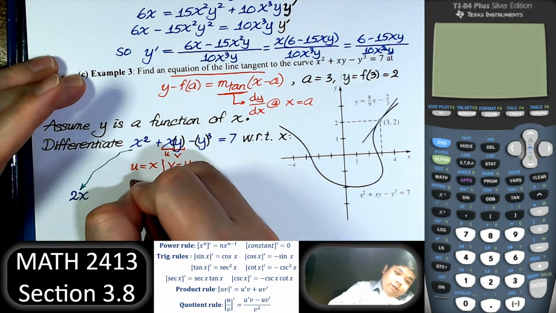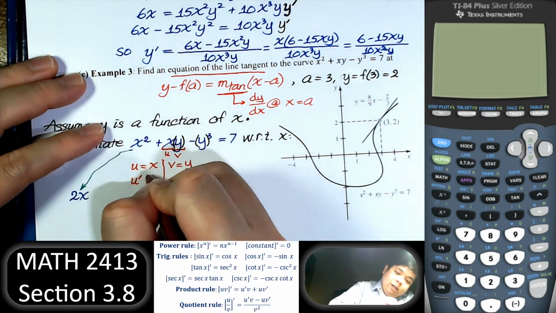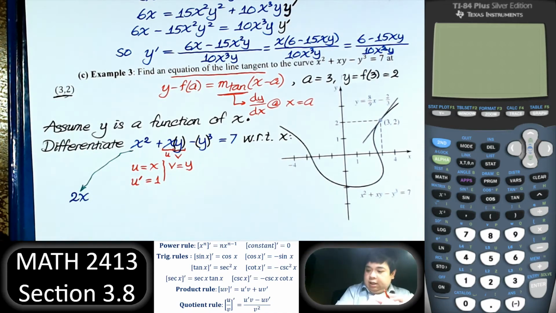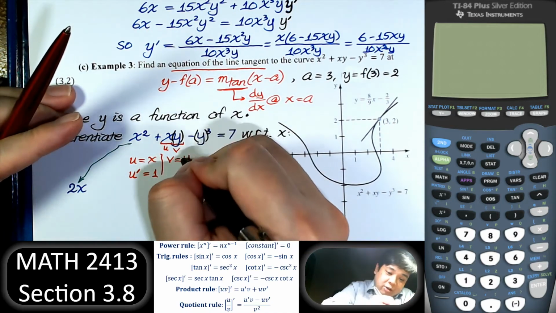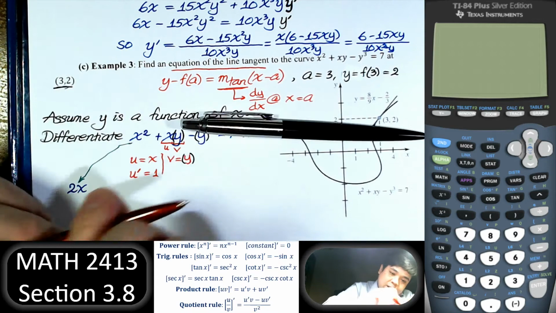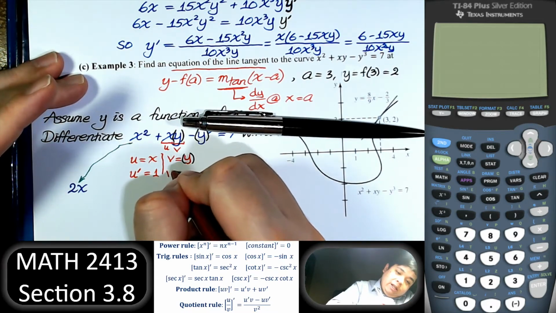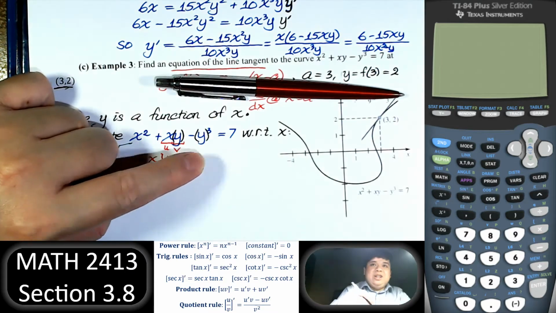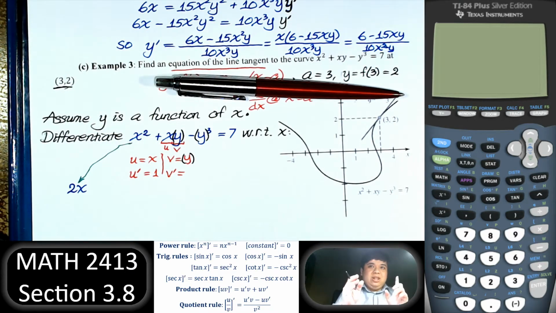And derivative of x, of course, is 1. So what is derivative of y? Now, if you put the parentheses around it, derivative of v, derivative of a parentheses to the first power, derivative of x to the first power is just a constant, just 1, right?